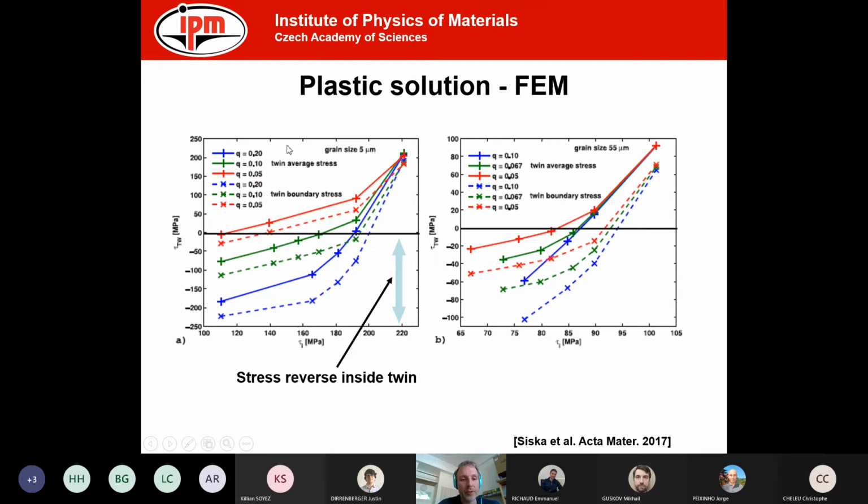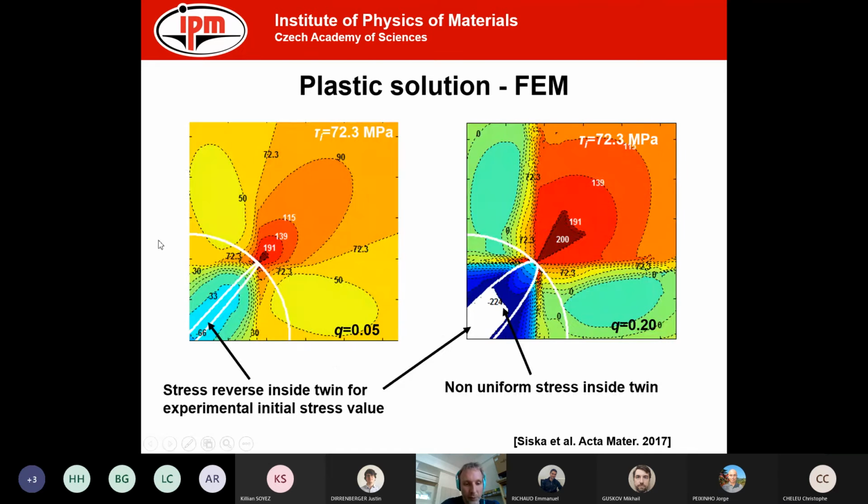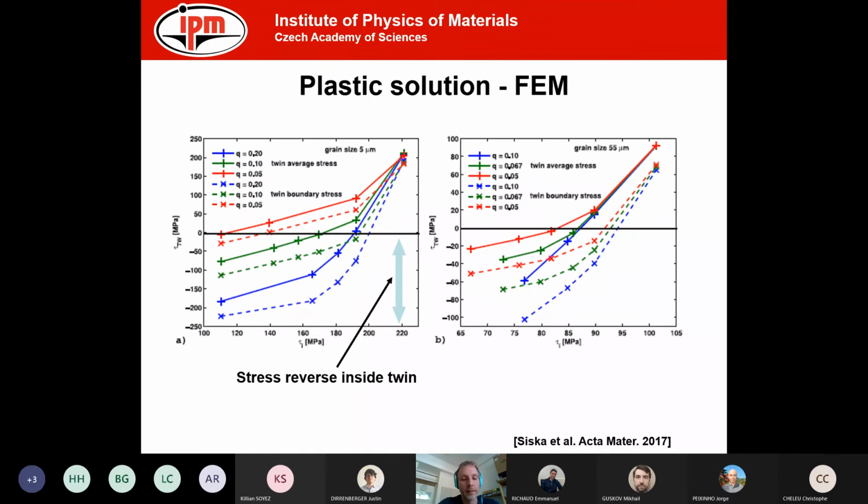And we have two conditions. The first one was the average stress inside the twin, and the second one was the stress in the center of the boundary. So I will show you, it's this point, in the middle of the twin at the boundary. And we were looking for the point where these two values reach zero.